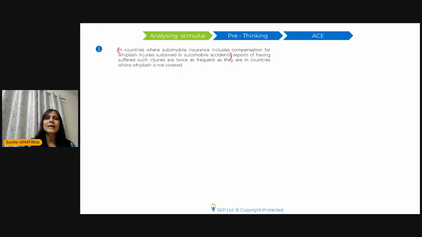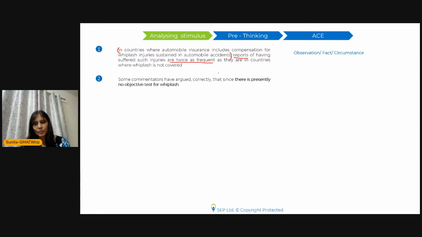If you look at the entire sentence, the crux of the sentence is reports are twice as frequent. So all of it is a fact, pure and simple. The author is giving us a fact about certain reports where they are frequent. Why is this fact given to us? We don't know yet. So bear with me.